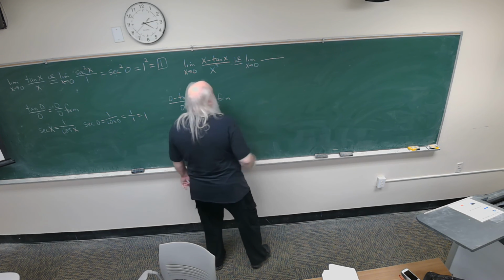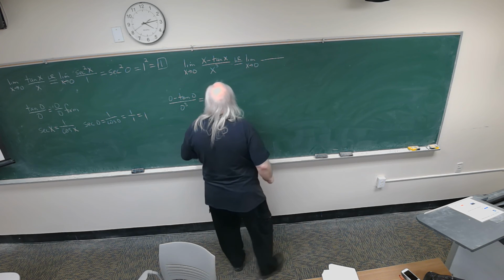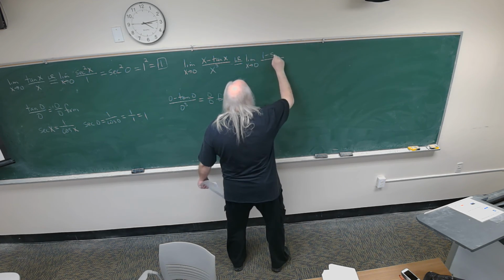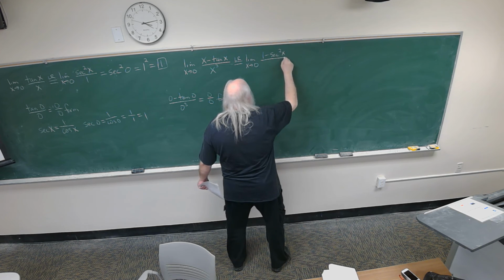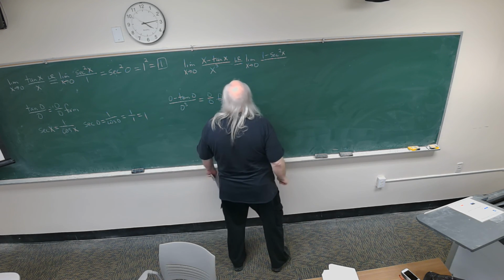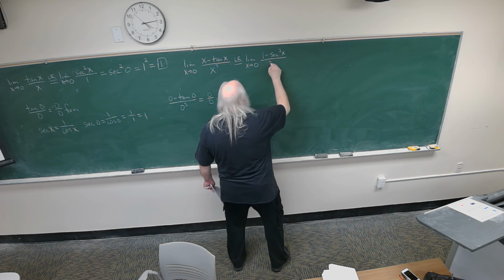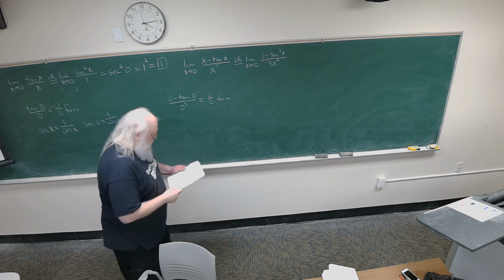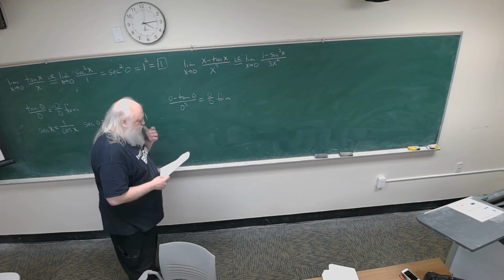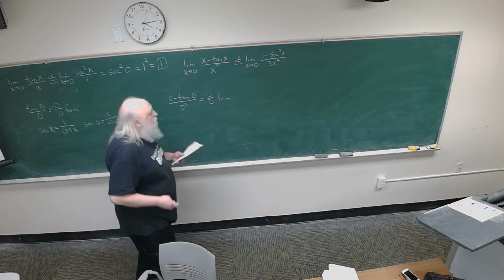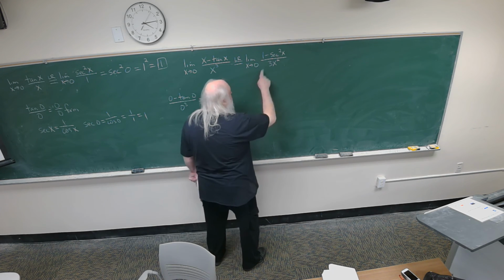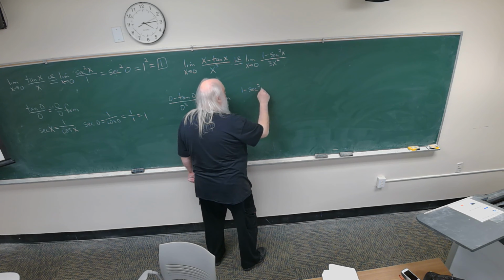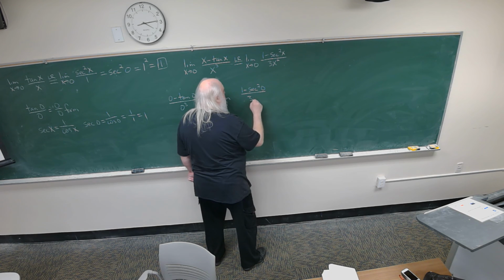So when we differentiate the numerator, the derivative of x with respect to x is 1. The derivative of tangent x is secant squared x. We already know that from over here. And the denominator, the derivative of x cubed with respect to x is 3x squared, using the power rule. Well, when you do the direct substitution, we have 1 minus secant squared 0 over 3 times 0 squared.